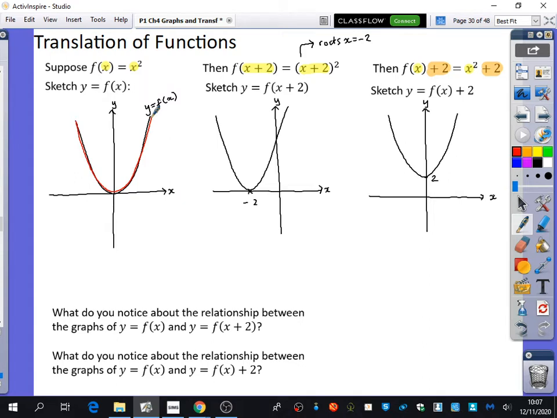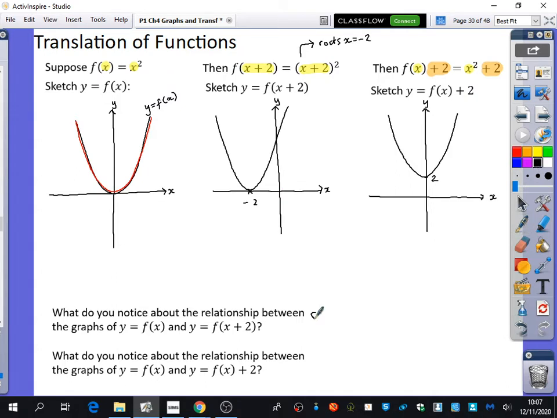And the first question that I've asked us at the bottom is, what do you notice about the relationship between the graphs y equals f of x and y equals f of x plus 2? What does it look like has happened to y equals f of x for it to become y equals f of x plus 2? It's gone 2 to the left, okay?